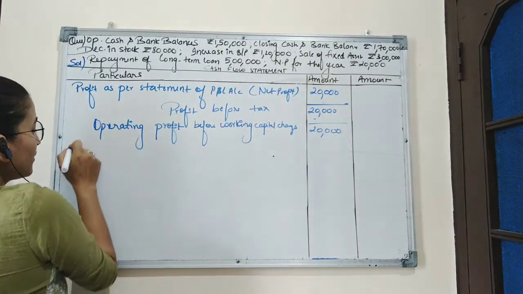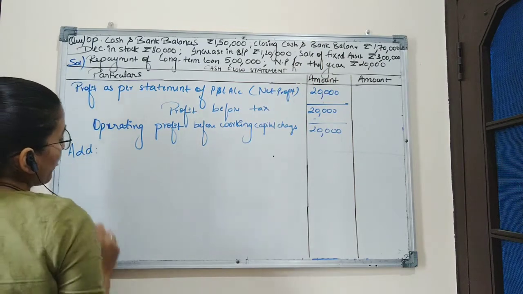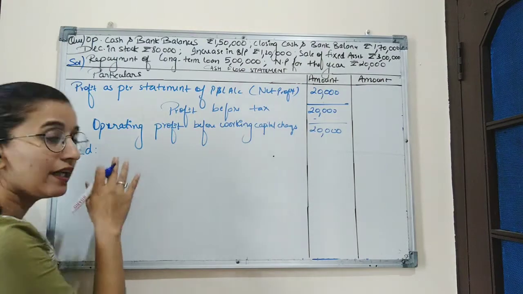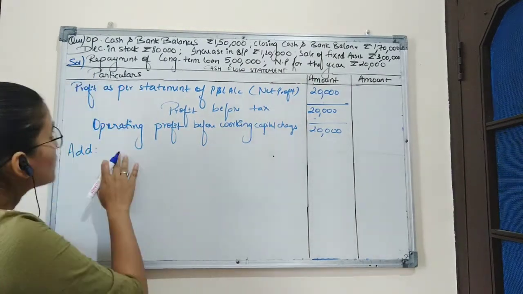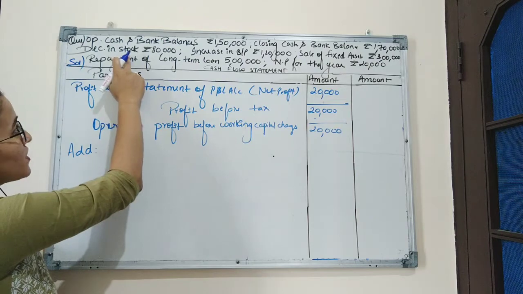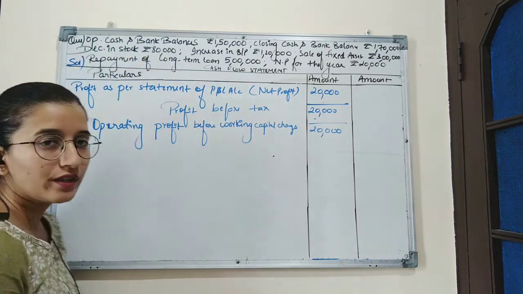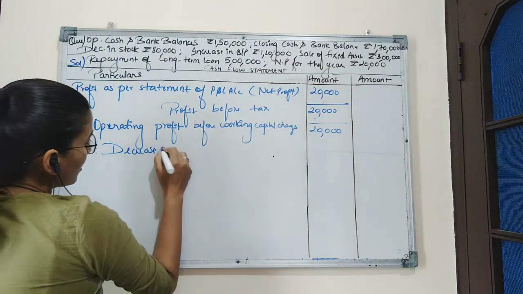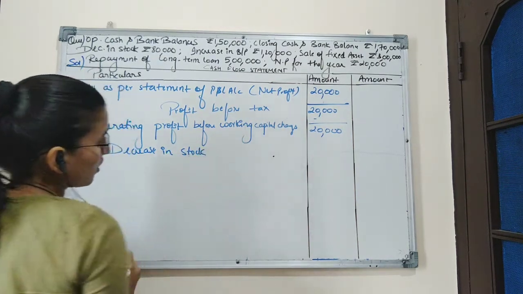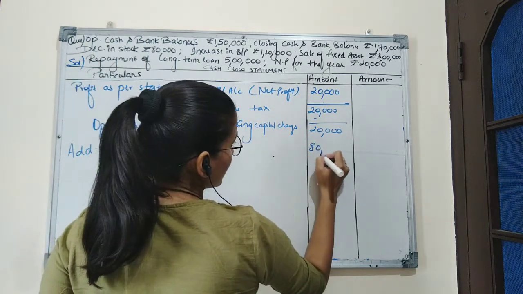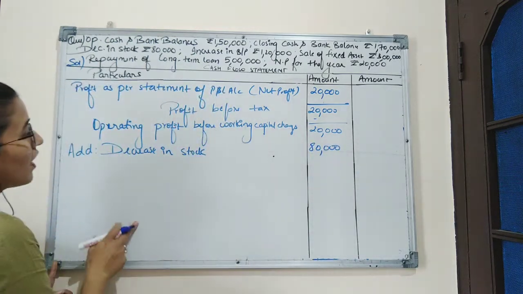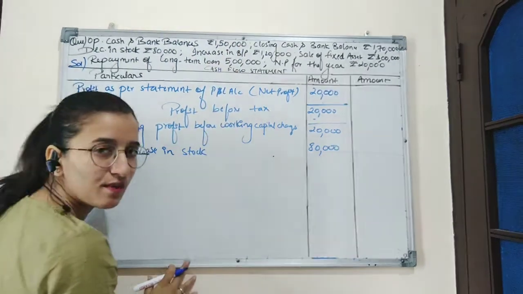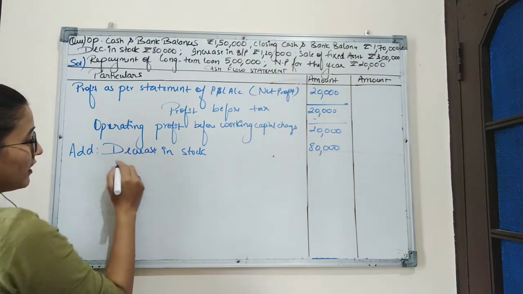Now in this we add decrease in current asset and we add increase in current liability. So decrease in current asset is given in the question as decrease in stock with the amount 80,000. So we will add decrease in stock, 80,000, and increase in current liabilities given as increase in bills payable, amount rupees 1,20,000.